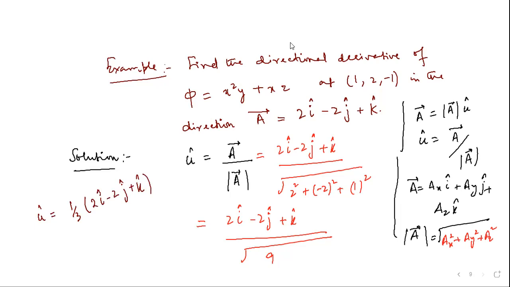So part of the problem I have done. The first thing, I have obtained the unit vector in the direction of A, which is 1 by 3 times (2i minus 2j plus k). Next thing, I have to find del phi, that is gradient of phi.